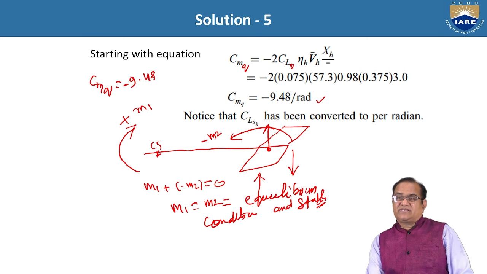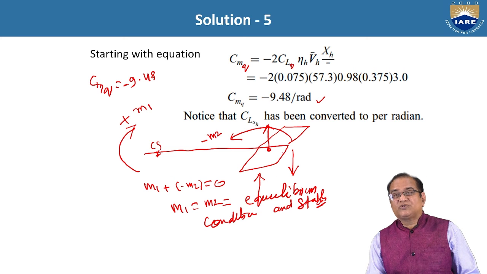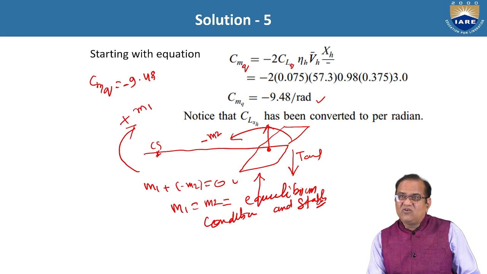Okay, so this minus indicates that it is in the opposite direction of the motion of this tail. So if the tail is going down like this, wind will go upward and this wind will generate a lift delta LH.